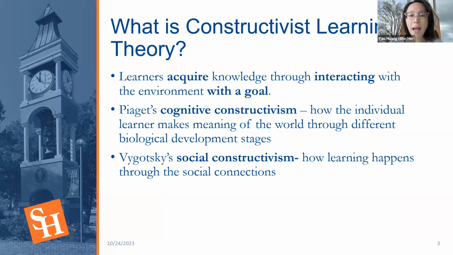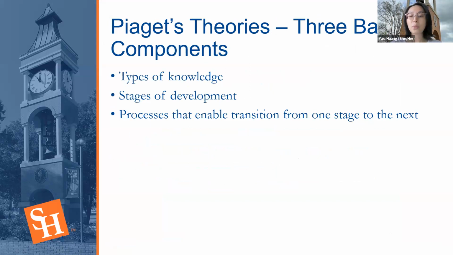So again, I just wanted to recap that in this chapter, the author talks about two schools of thought. One is Piaget's theory. He talks about three basic components: different types of knowledge, stages of development, and the process to transition from one stage to the next.